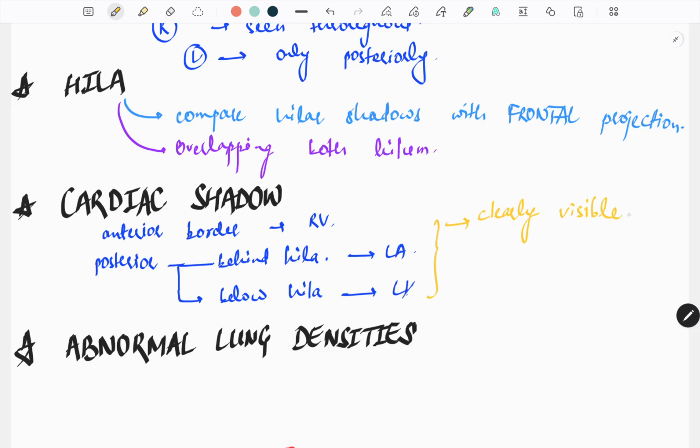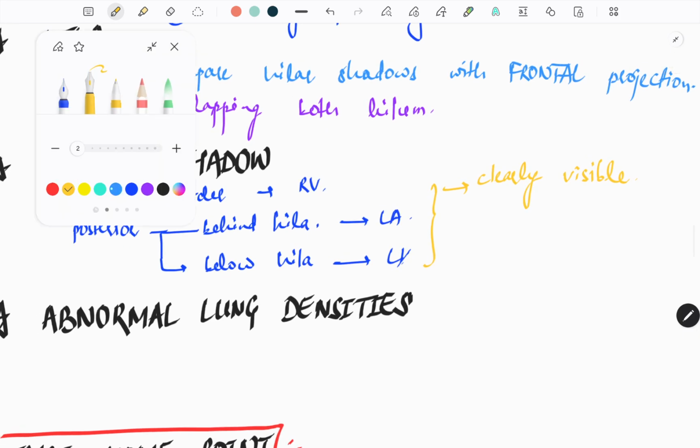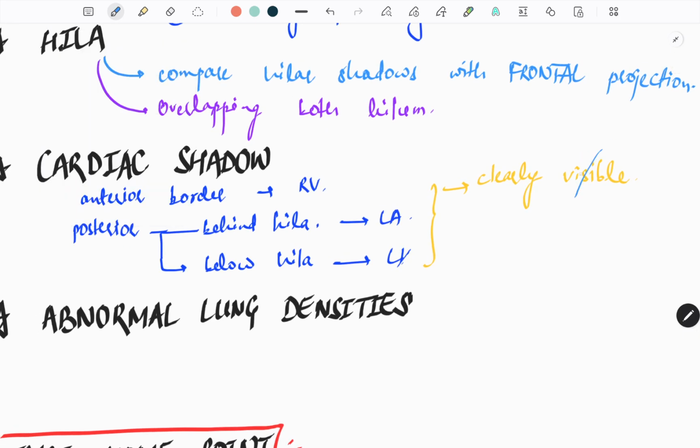What will happen if they are obliterated?